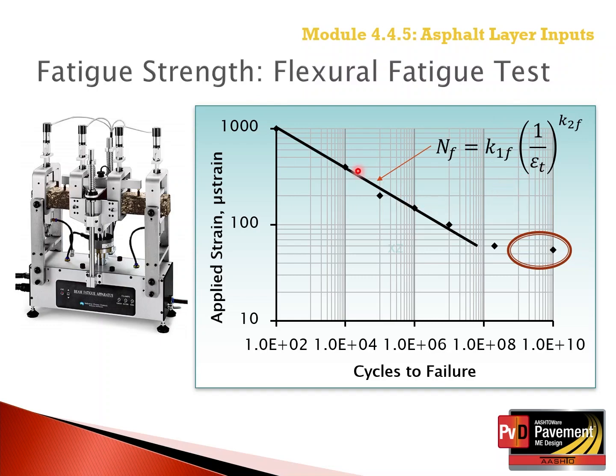I may have said that incorrectly initially, so repeating it: the slope of this relationship on a log-log scale is K2, the exponent of the tensile strain relationship, and the intercept of this log-log relationship is the K1 coefficient.